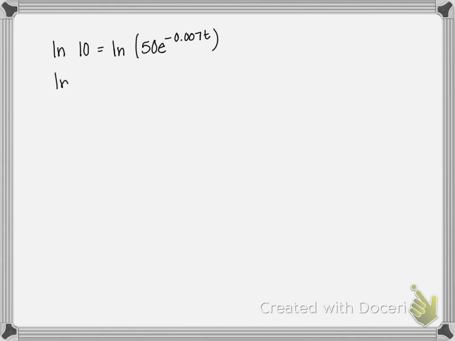Right, so this would be the natural log of 10 equals the natural log of 50 plus the natural log of e to the negative 0.007t, like that.